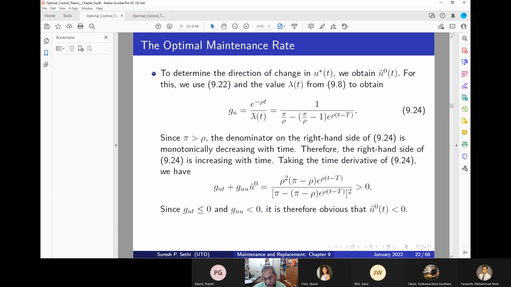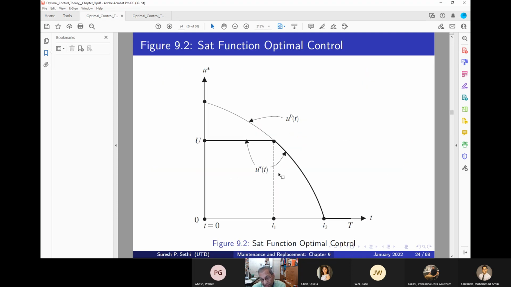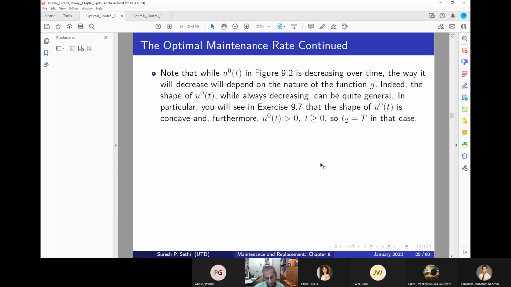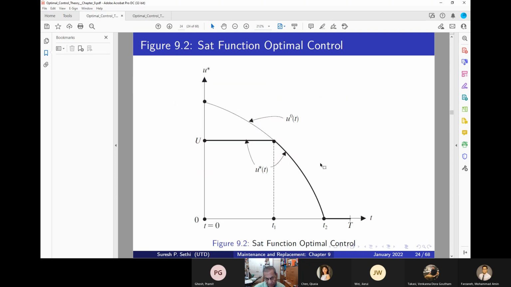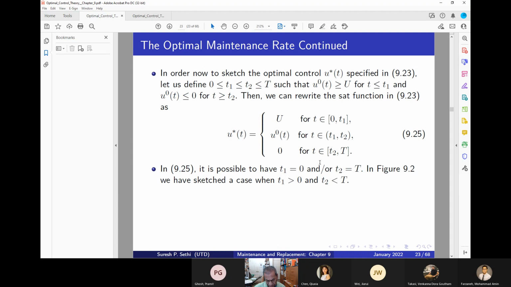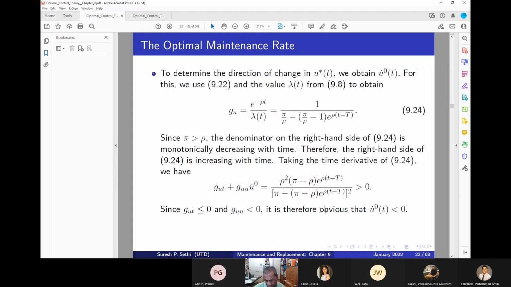If you want to go further to see what the characteristic of this curve is, I drew it as a concave function, but here, since G is trivial, it is obvious that u0 dot is less than 0.